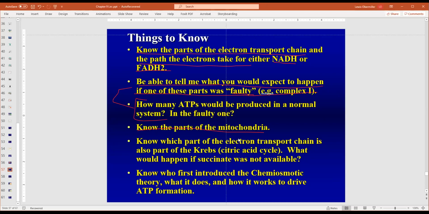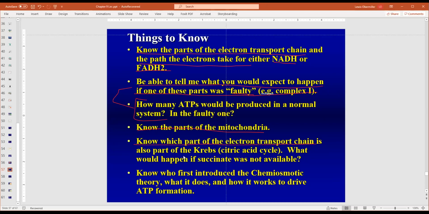Where is F1 located from the ATP synthase? It's in the matrix. And where is F0 located? That's in the inner membrane. So those are the kind of questions that I will ask you, and that's why you need to know the parts of the mitochondria: the matrix, inner and outer membrane, and the intermembrane space, which is between the inner and outer membrane.